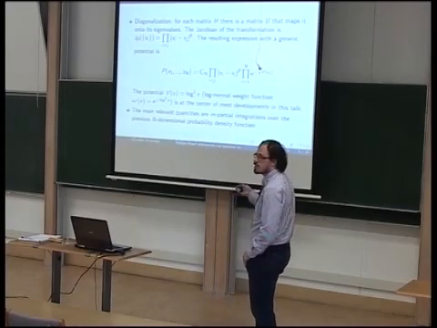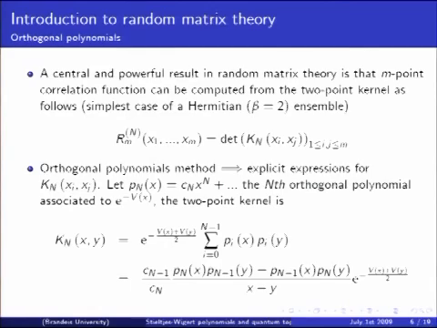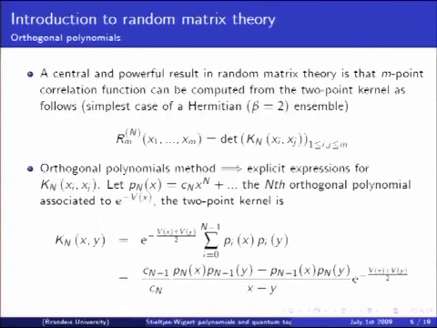And what is interesting about the orthogonal polynomials method is that if you know the orthogonal polynomials associated to the weight here, which is not always the case, of course, then you have this powerful result which tells you that any correlation function can be computed, because if you know the orthogonal polynomials, you can construct this object here, which is a 2-point kernel, and the definition is here.